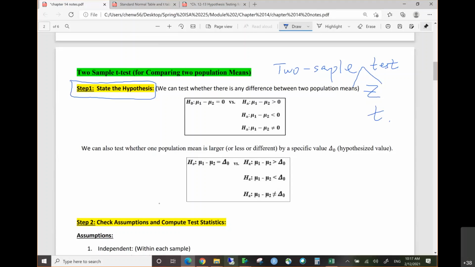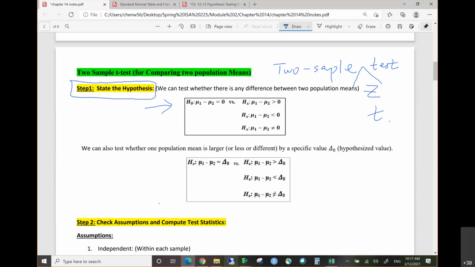So we have already talked about this kind. We say we want to compare these 2 population means. I want to know whether mu1 is larger than mu2, less than mu2, or not equal to mu2. Then if we subtract from both sides, we have this kind of hypothesis.